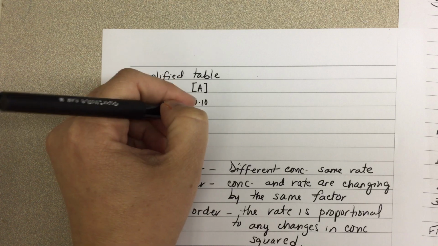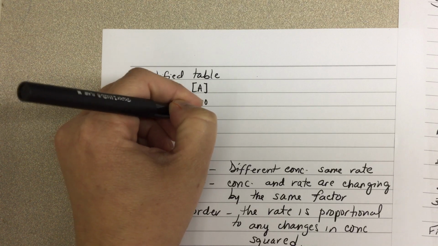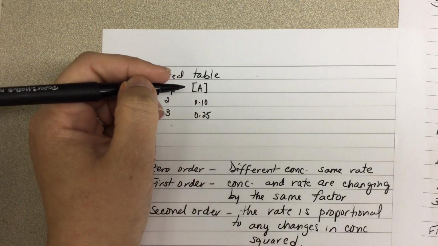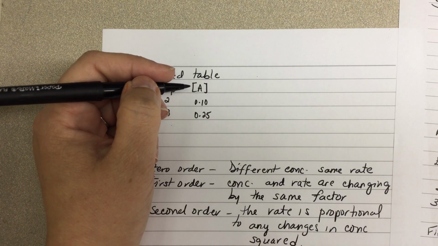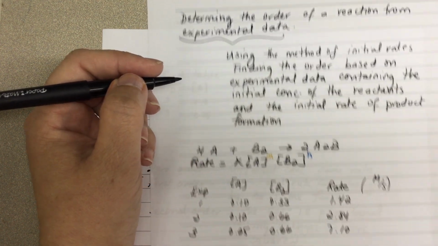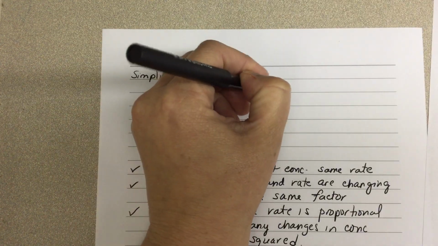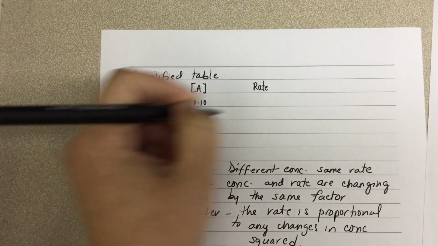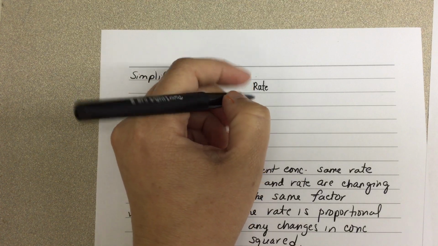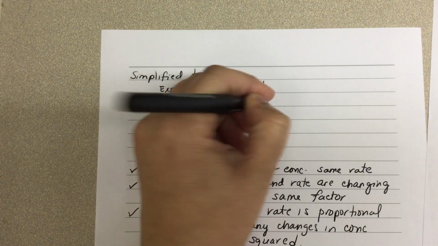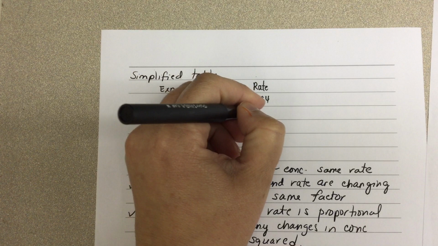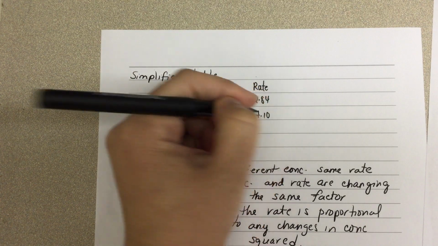Concentration for A in your experiment 3 is 0.25. And then I'm copying the rate for those two. The rate for experiment 2 is 2.84, and the rate for experiment 3 is 7.10.